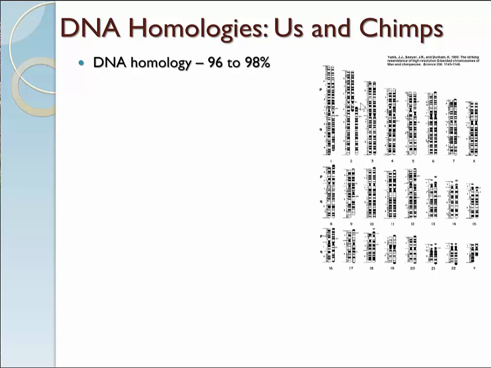But here we see our chromosome 2 lined up with chromosomes 12 and 13 of the chimpanzee. These black banding patterns are areas that are rich in the nucleotides G and C. Remember, there are 4 nucleotides that are the building blocks of DNA: A, T, C, and G. So these are C and G rich bands. And when you look at the banding patterns, they pretty closely match up.